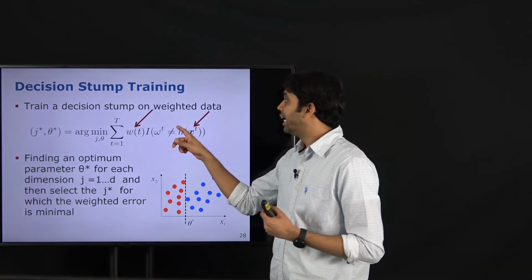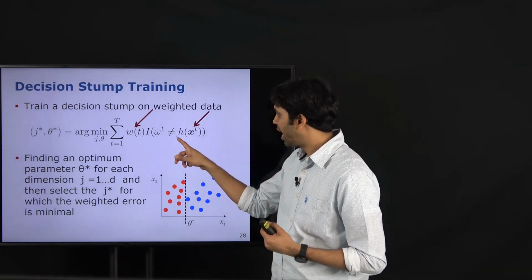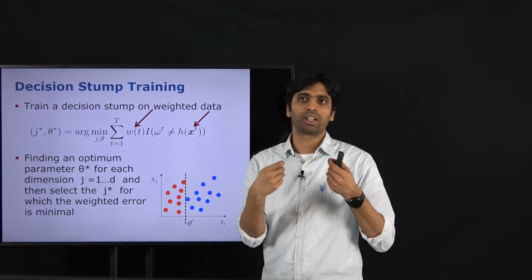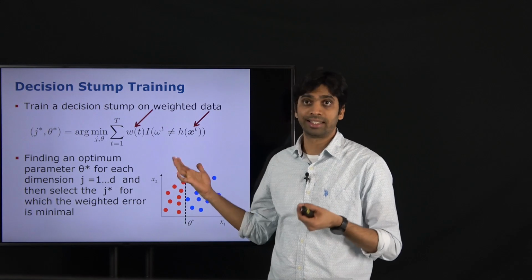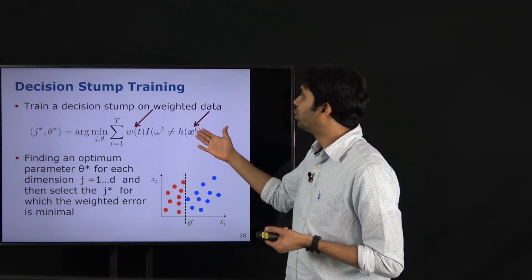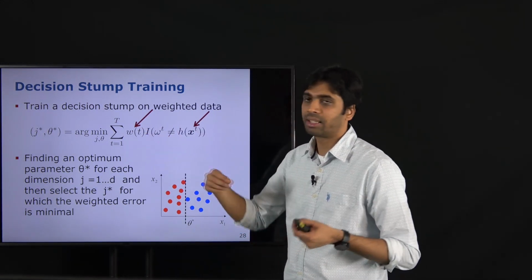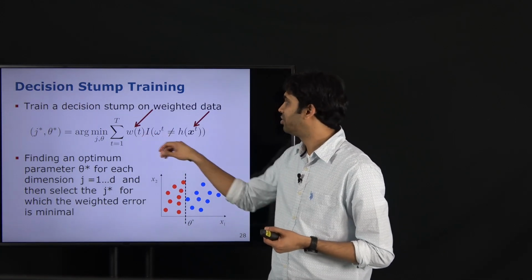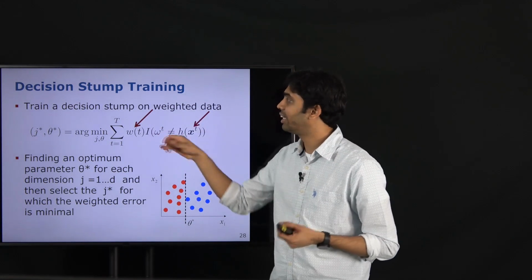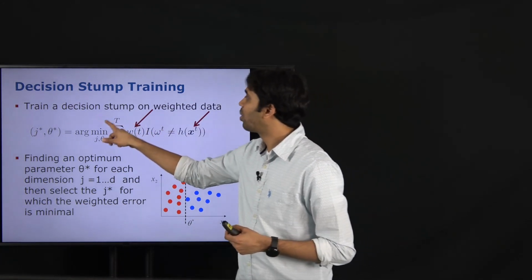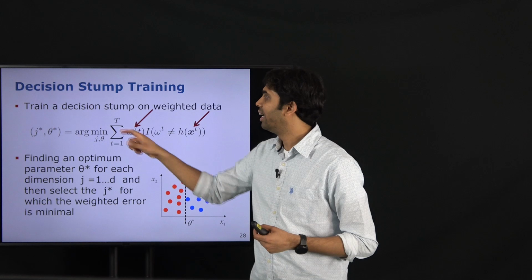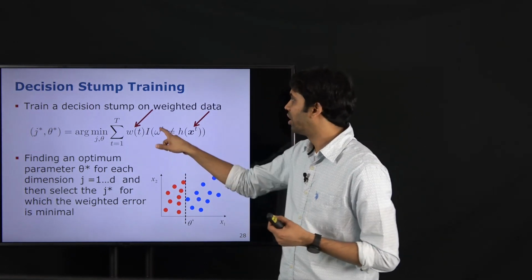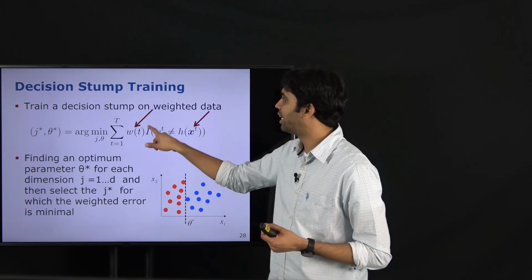If the prediction h of x does not match the actual ground truth label, because this is still the training phase, you add them up. So this I is nothing but an indicator function, which is basically 1 if the condition inside is true. So what this whole thing is doing is just a fancy way of adding up your mistakes. Right? So this whole thing is saying how many mistakes I made.